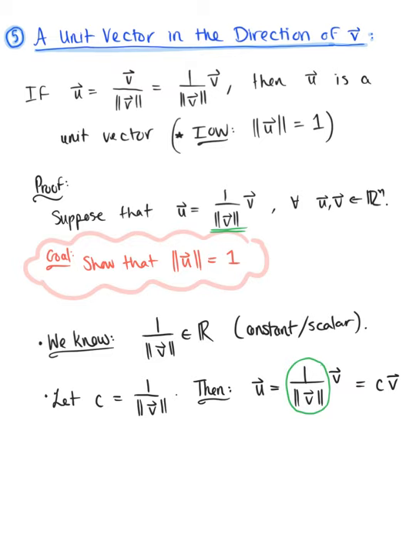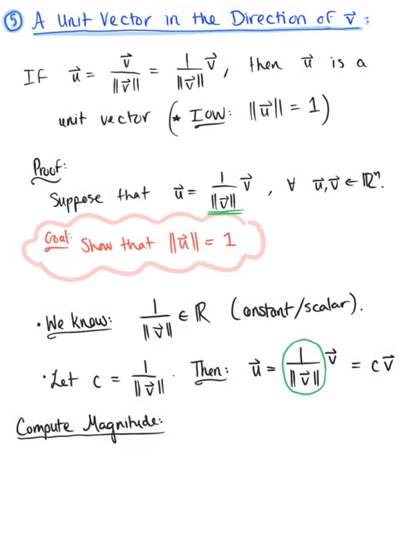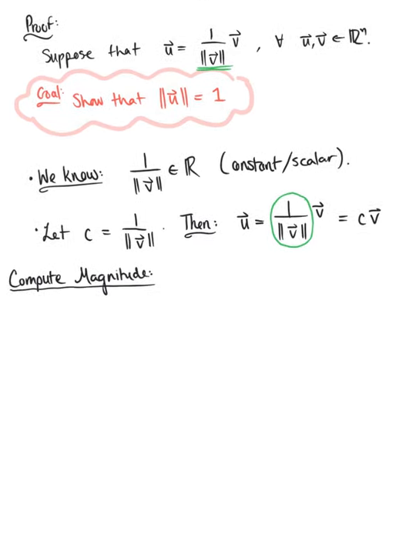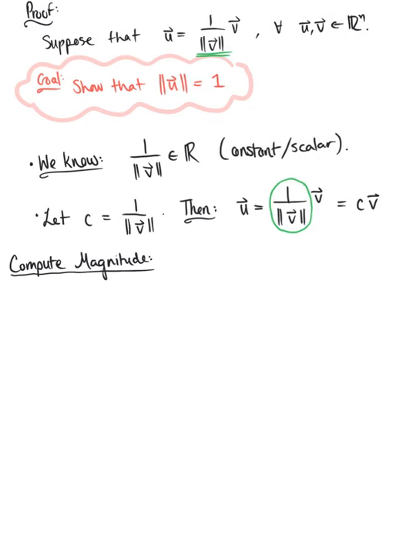Well, keeping our goal in mind here, let's go ahead now and compute the magnitude, or find the length, of this vector u. Let's give ourselves a little bit more room here. So we want to compute the magnitude of the vector u. We have vector u is equal to our scalar c multiplied by vector v. So we are finding the length. Whatever we do to one side, we need to do to the other side.